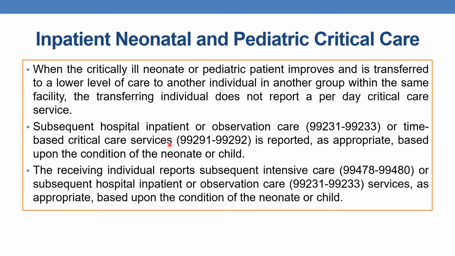The next point is subsequent hospital inpatient or observation care. That is 99231 to 99233, or time-based critical care services 99291 and 99292, is reported as appropriate based upon the condition of the neonate or child. The receiving individual reports subsequent intensive care or subsequent hospital inpatient or observation care as appropriate based upon the condition of the neonate or child.